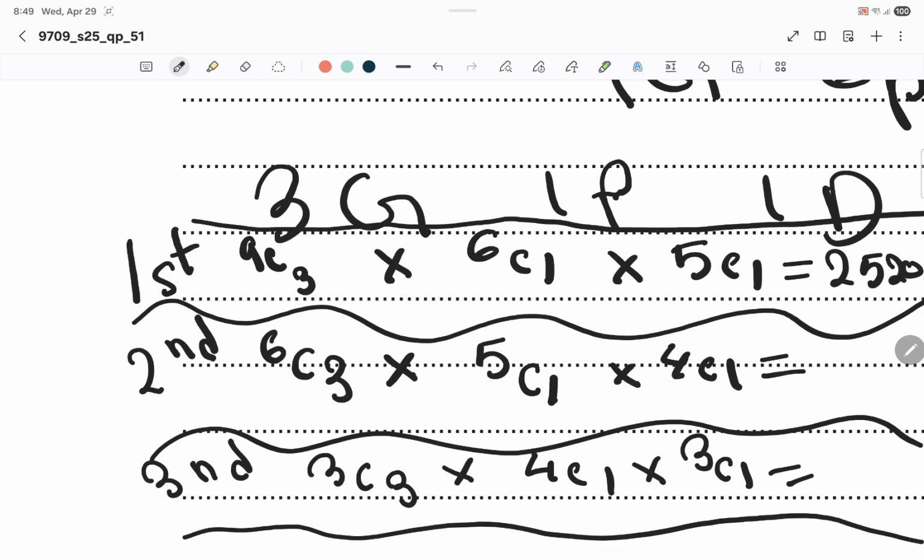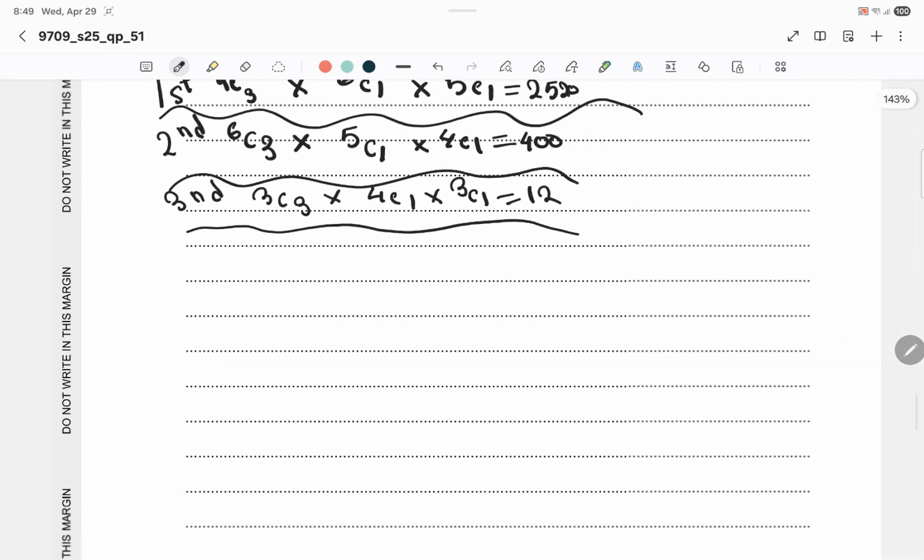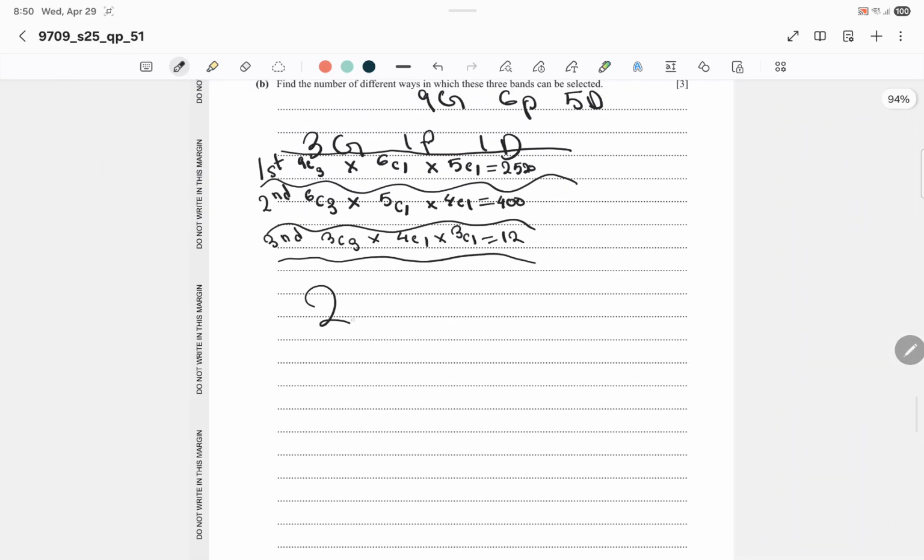If you multiply this, over here you get 2520, over here you get 400, over here you get 12. If you add all these up, that's your final answer. Oh, sorry guys, it's not plus, because these are "and", these are not options.